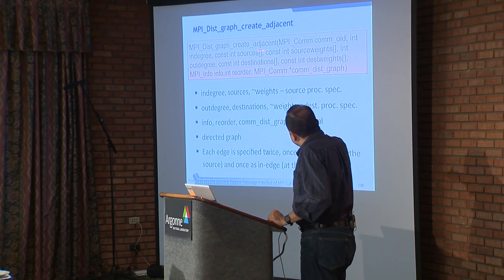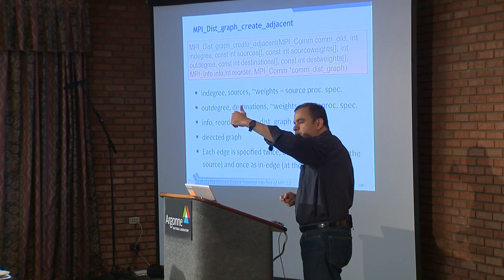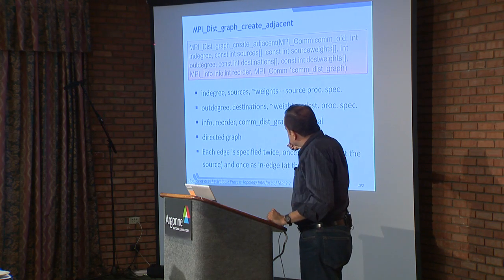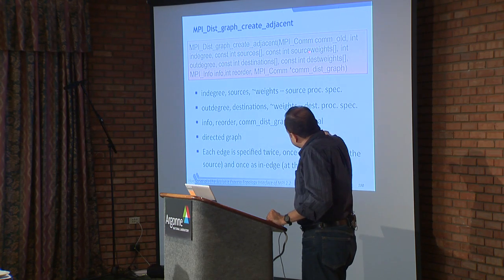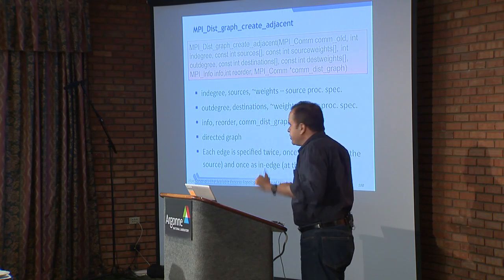You pass the old communicator, and then you pass these arrays of sources: who is communicating with you, who is sending data to you. The in degree is the size of these arrays. This is the list of who is communicating with you, and these are the weights of that graph edge if you wish to provide a weight.